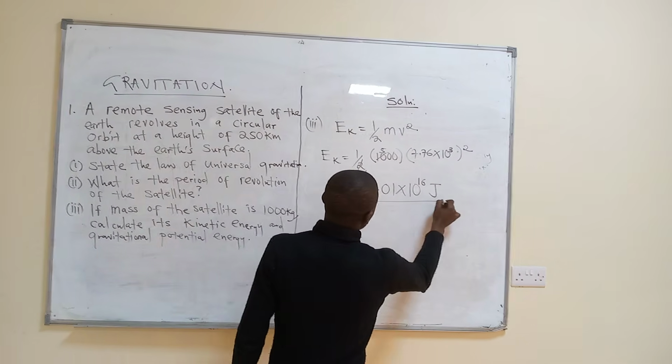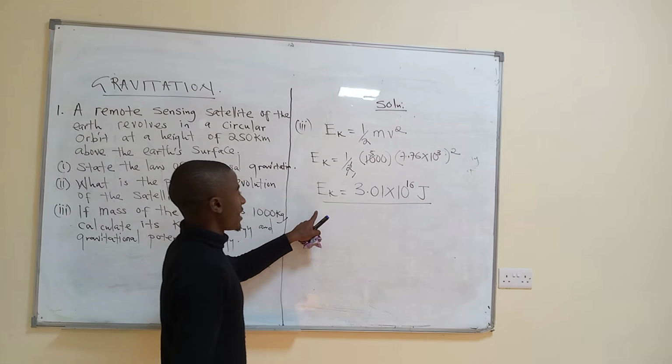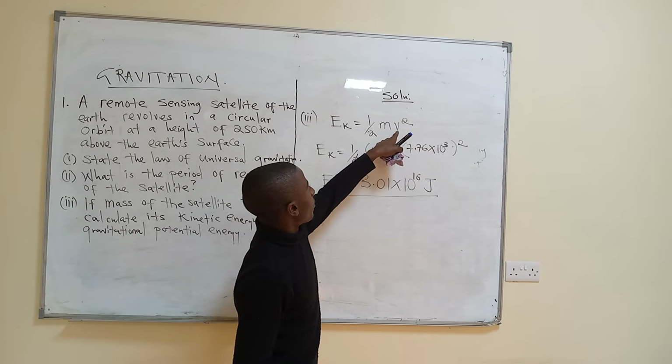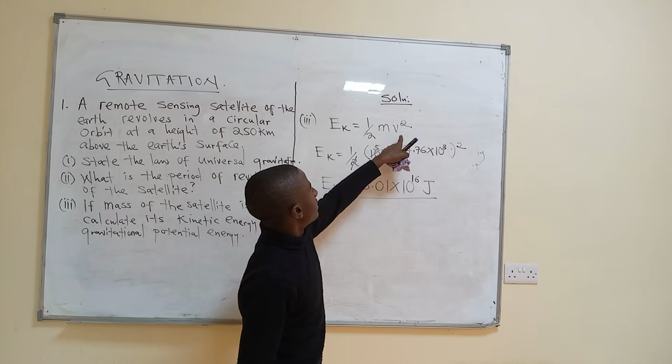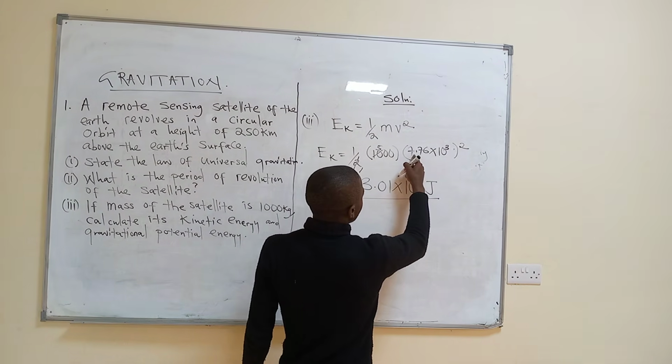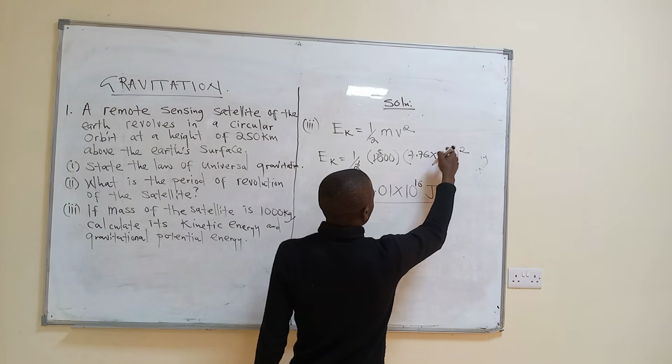So this is the final answer for kinetic energy. We made a mistake when punching in the value for velocity, so make sure you correct it. The correct one is 7.76 times 10 to the power 3.